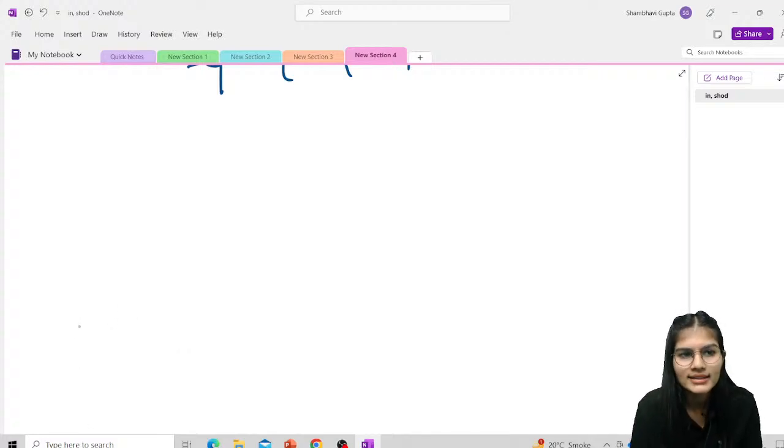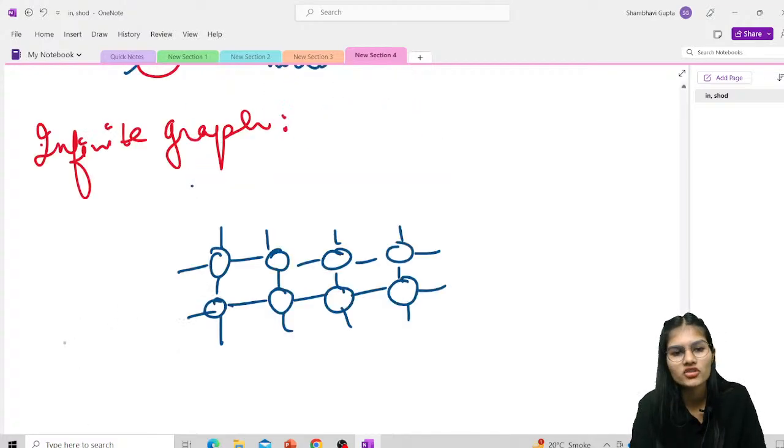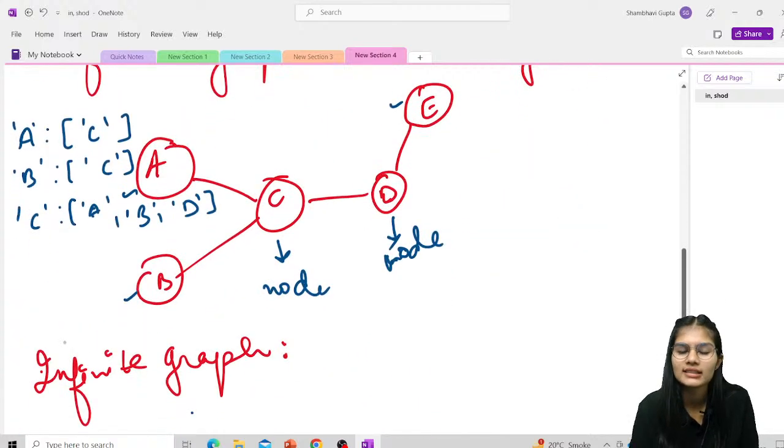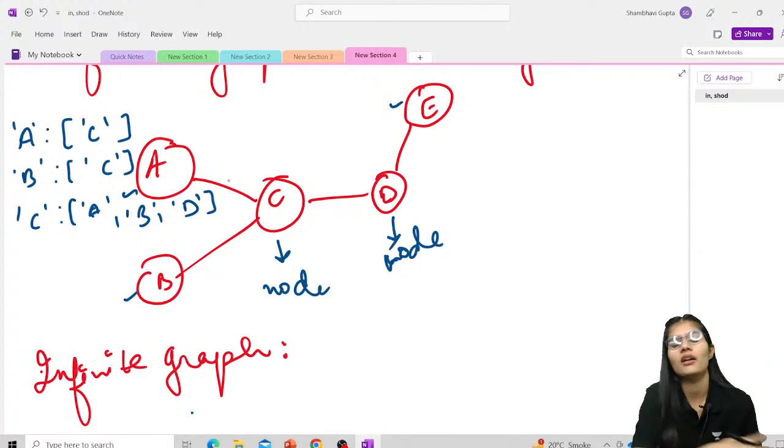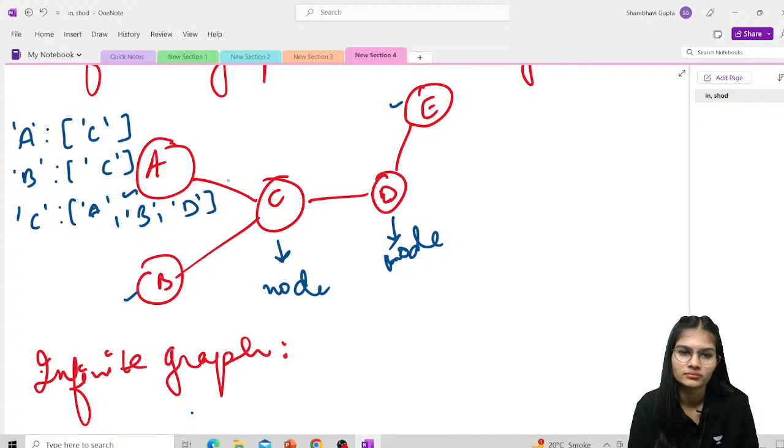Now, how is everything correlated with each other? You can very easily understand this from a graph. You can easily understand how these things are related, which alphabet is related with which other, what the nodes are, what the edges are.